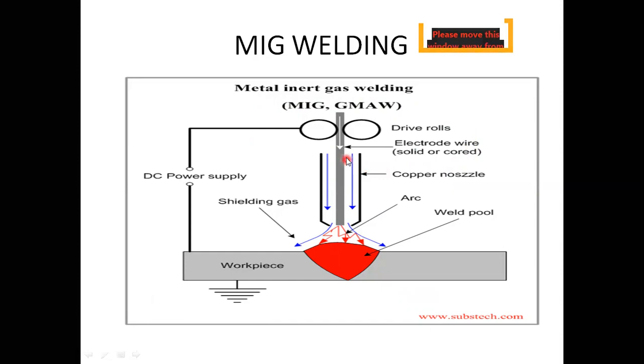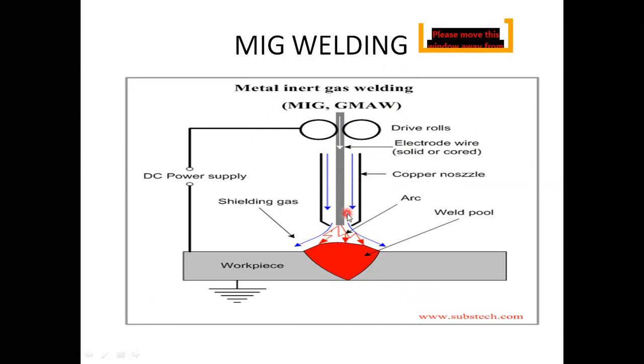Look, here some filler metal is there and some inert gas is also used. Why inert gas? And next you can see the metal active gas welding, called MAG. But why are gases used in welding?